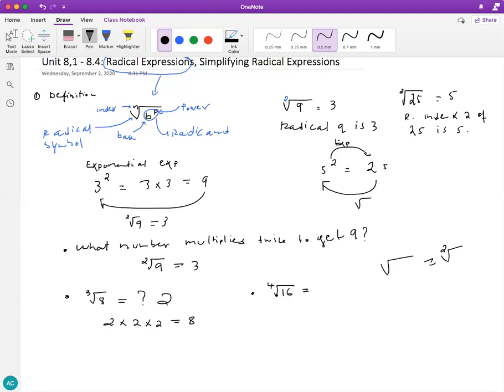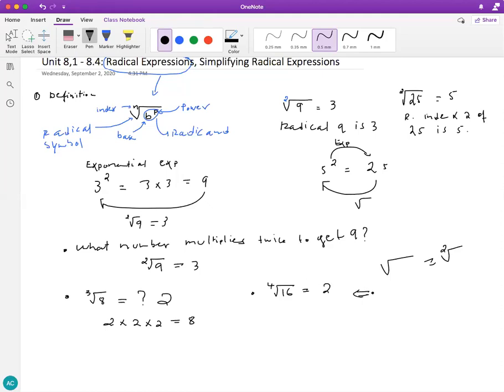This one here. The answer is 2? That's right. So we say what number multiplies by itself 4 times to get 16. So you can try different numbers on the side. That number is 2. And to check it, simply take this, raise it to this power, and it should be equal to this. So this is a radical form.